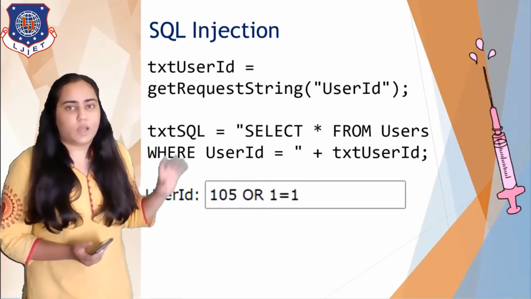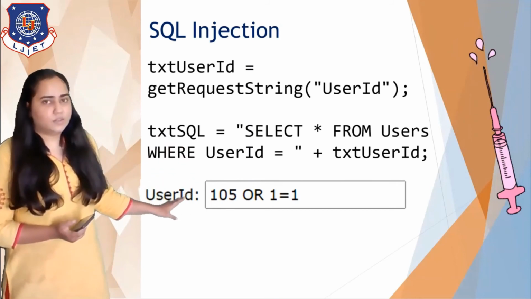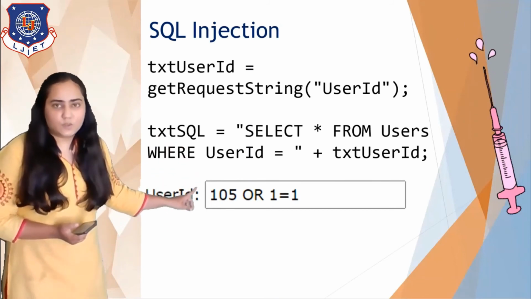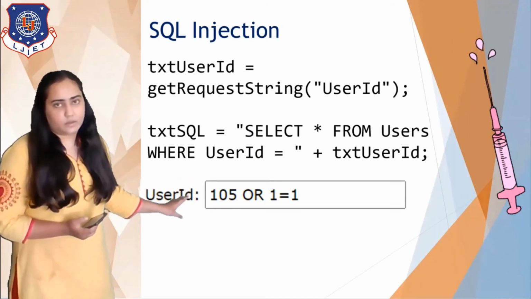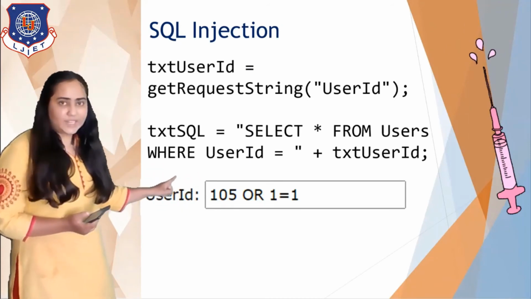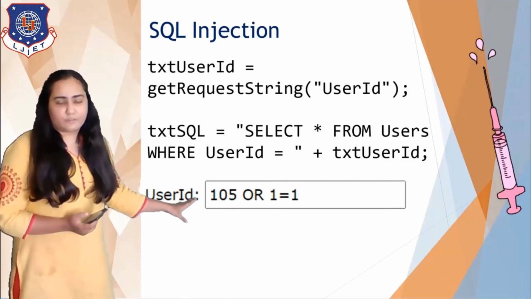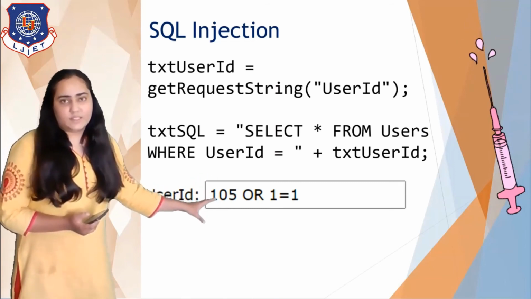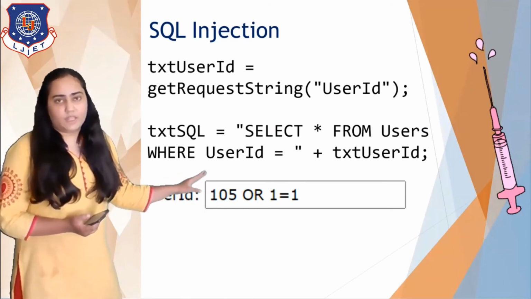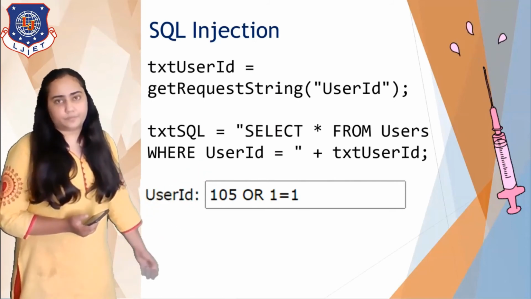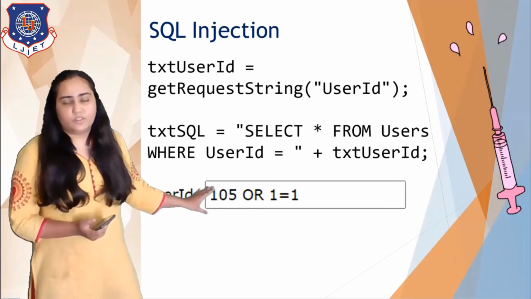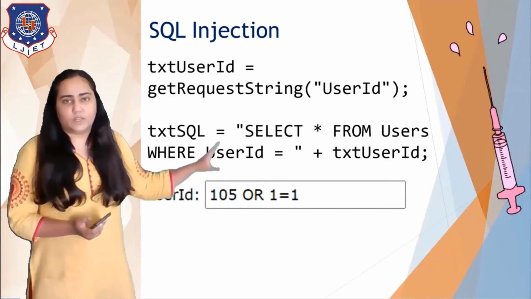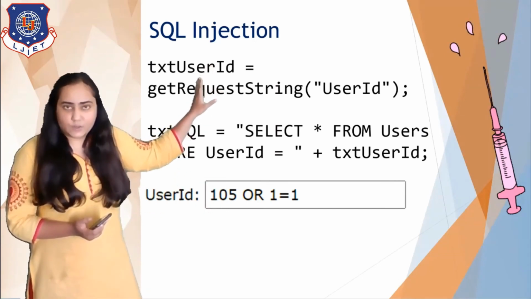Now, afterwards, just try to understand what if the user tries to enter this type of detail. Now you see the user ID entered is 105, but after that there is a statement written which is OR, and then it's written 1 equal to 1. Now what happens exactly is this 105 or 1 equal to 1, it gets stored in the text user ID.